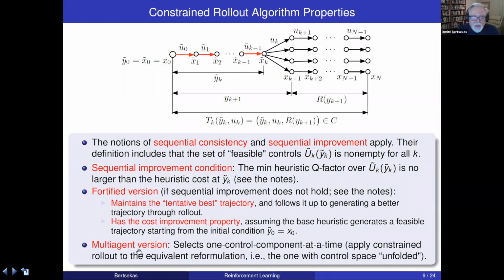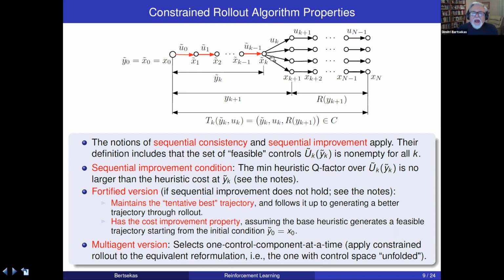Okay, so there's a multi-agent version also, which I'm not going to go into the details. The multi-agent version applies for the case where each control has multiple components, okay? And therefore the search space is very large. So what we do in this case, we play this trick of reformulating the problem with the control space unfolded so that the components are chosen one at a time.